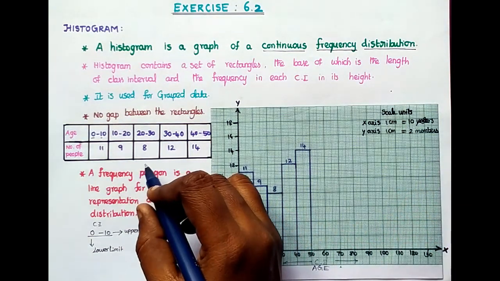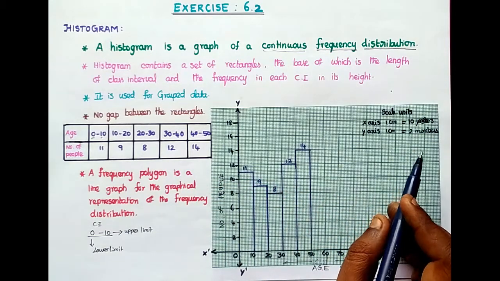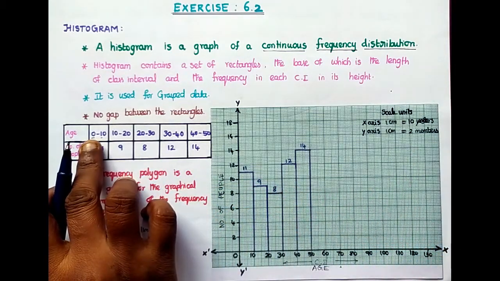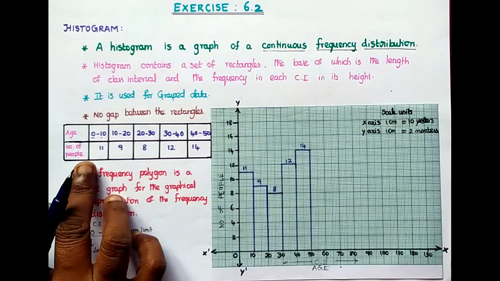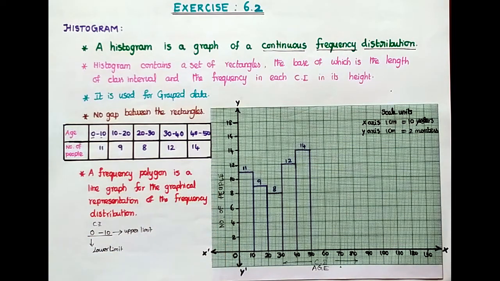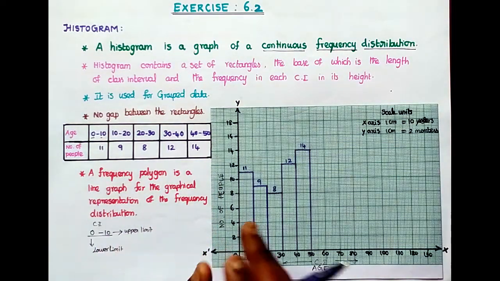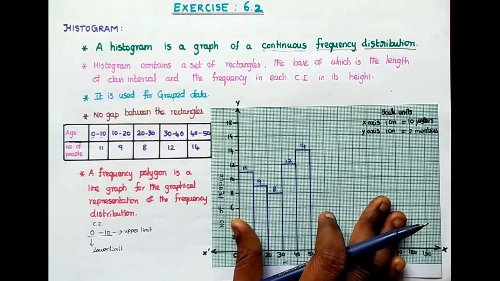It denotes the members, no? Here the x-axis is the age and the y-axis is the number of people. And this is the histogram.